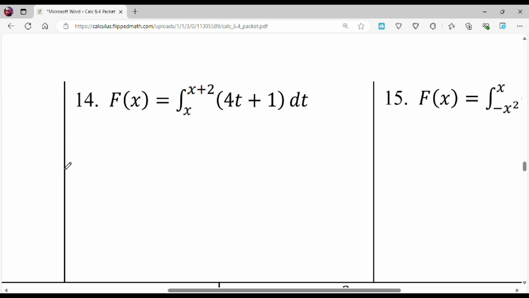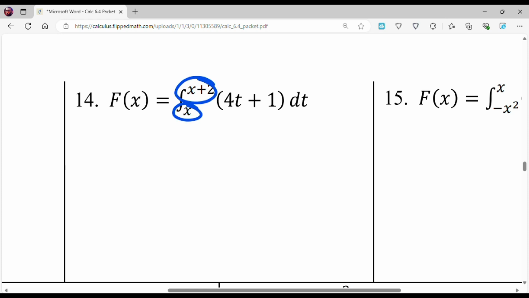Here we have a function both in the upper limit and in the lower limit, so we need to do something similar to quotient rule, but no division. We're gonna take this minus that.